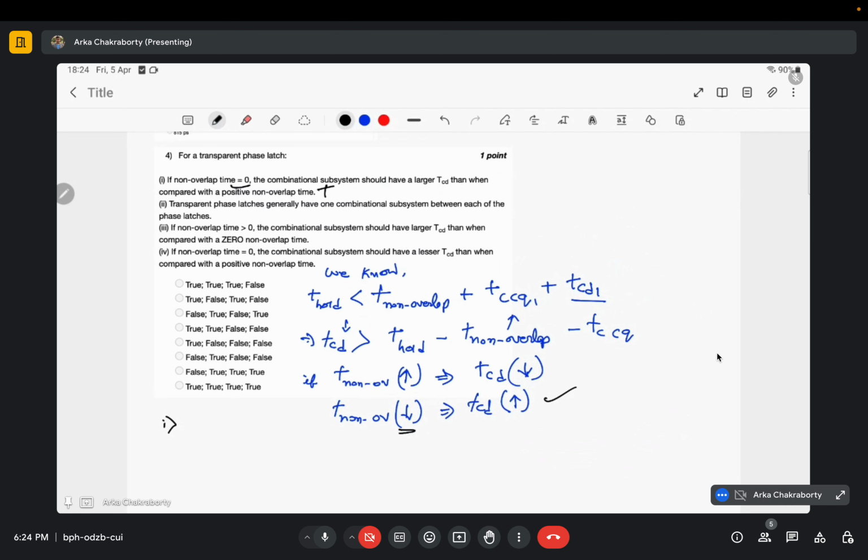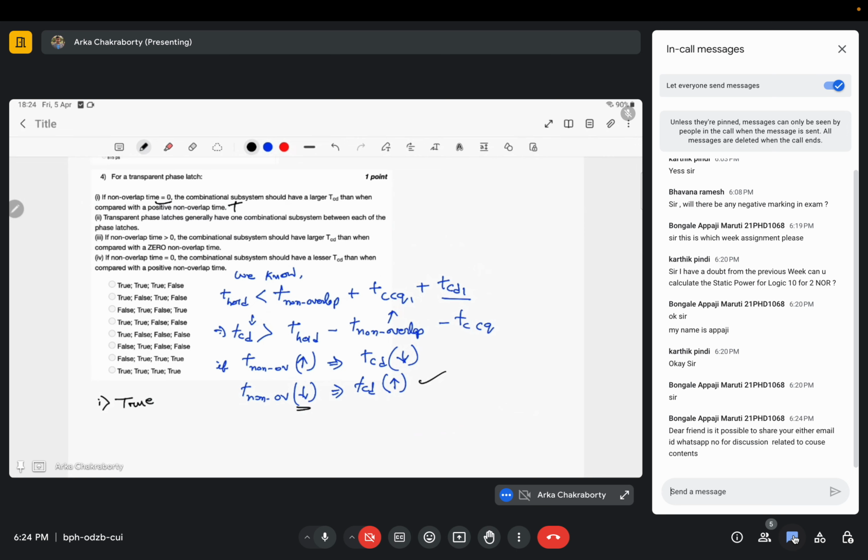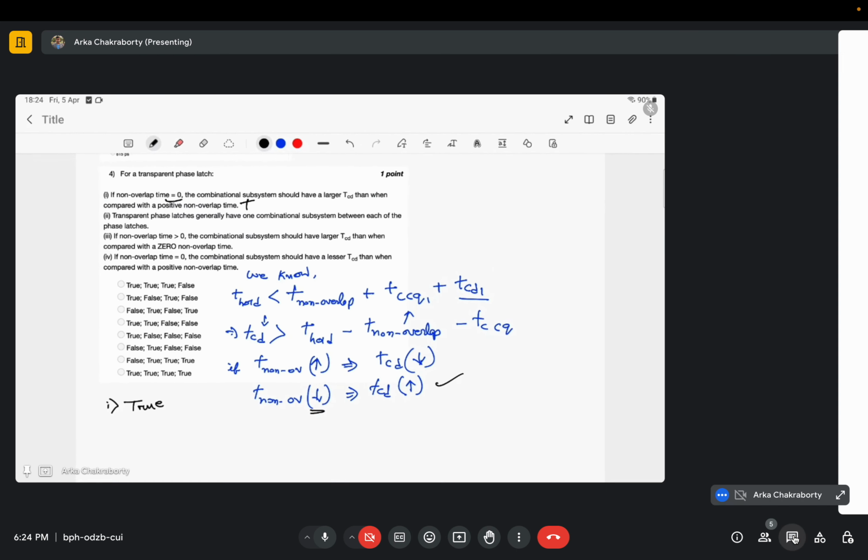As my non-overlap time has reduced to 0, my TCD should increase when compared to when a positive non-overlap time was present. Correct? So it is true.